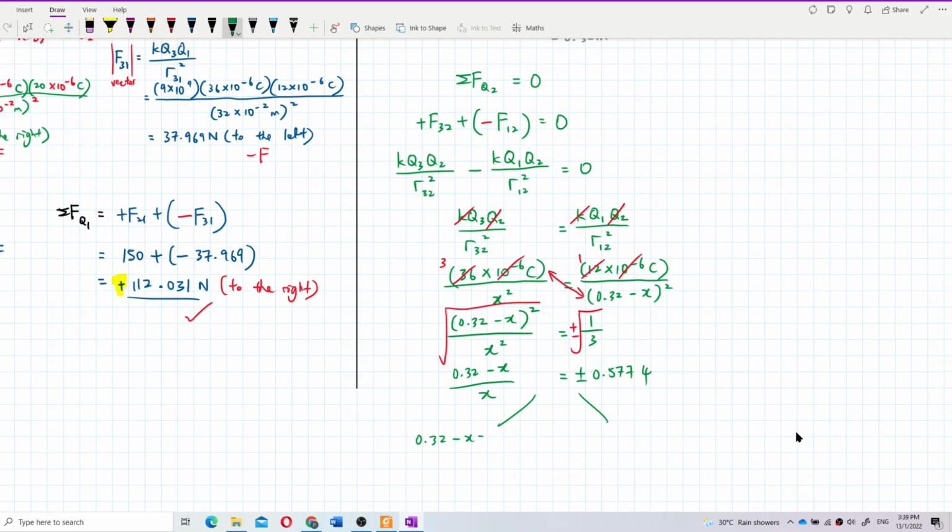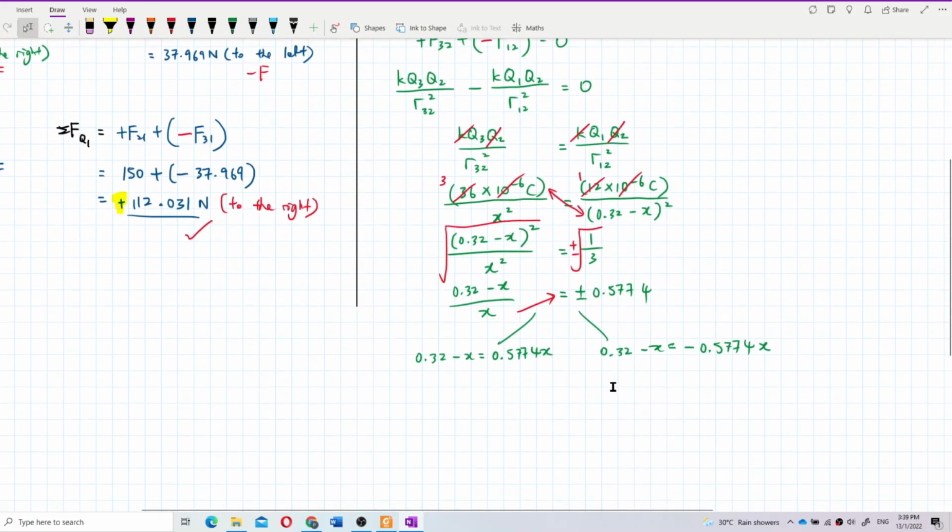0.32 minus x, and then you multiply, you get 0.5774x, or it can be 0.32 minus x equals negative 0.5774x. Okay, I just multiply this x to the top and I get this. Let's continue.